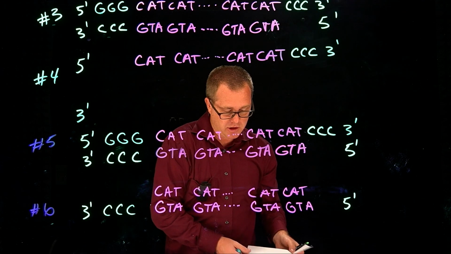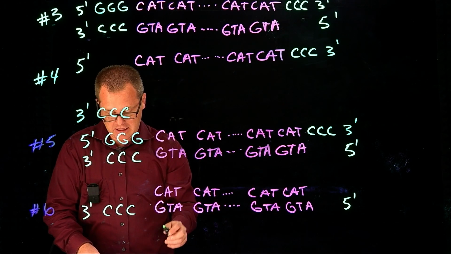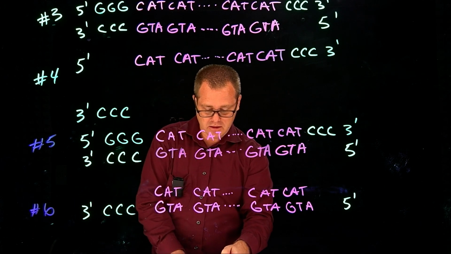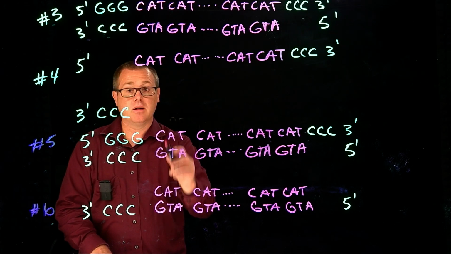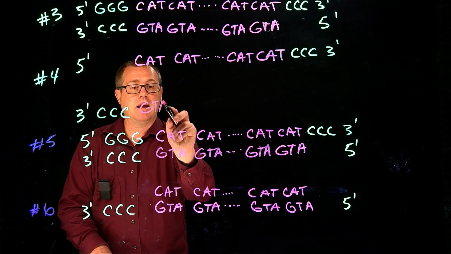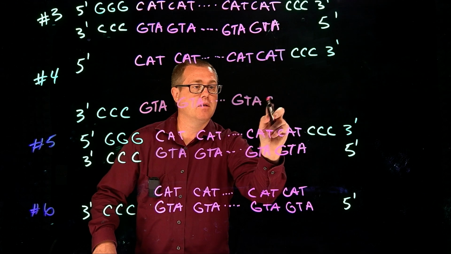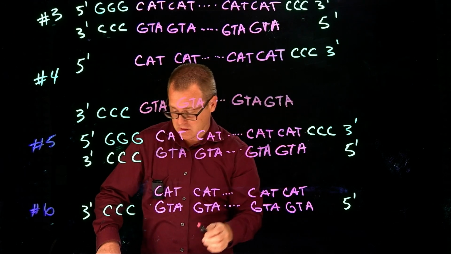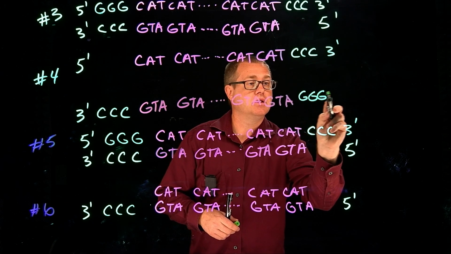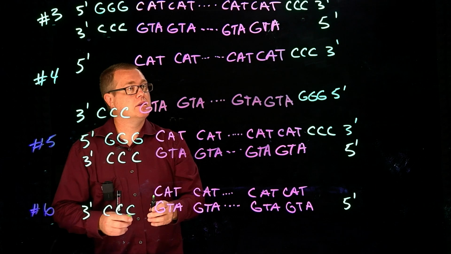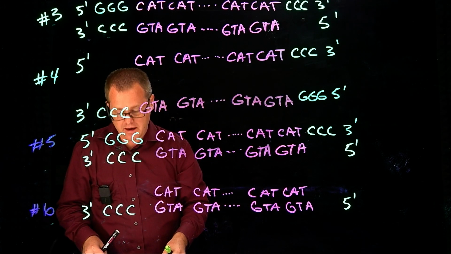So what was molecule 4? It had the CCC, GTA, and then it had GGG. Okay, so I kind of denatured it a little bit more there.